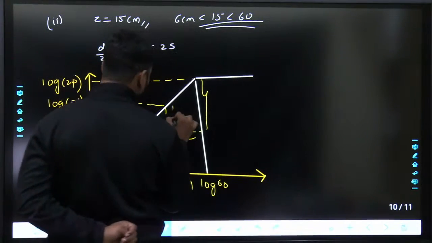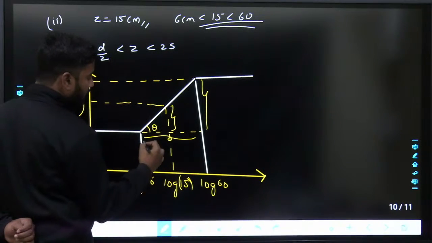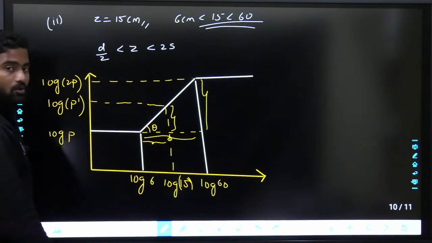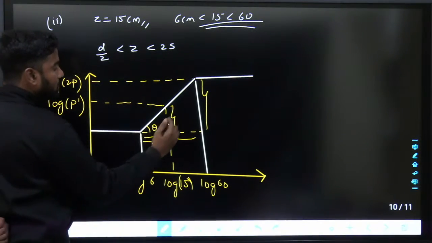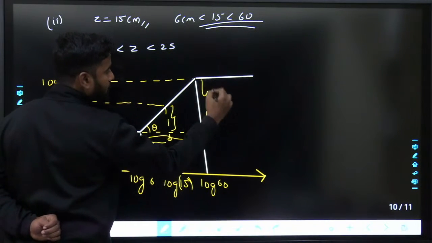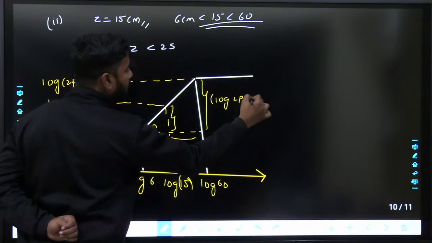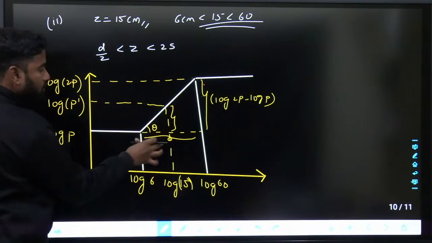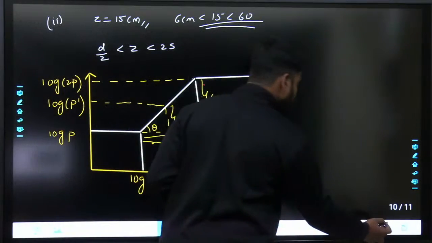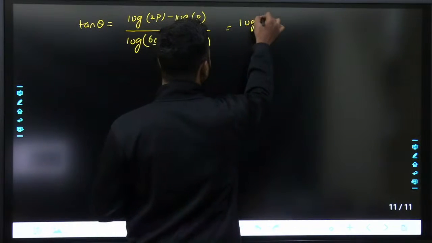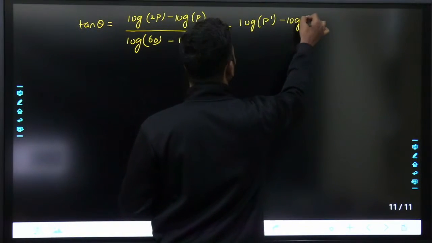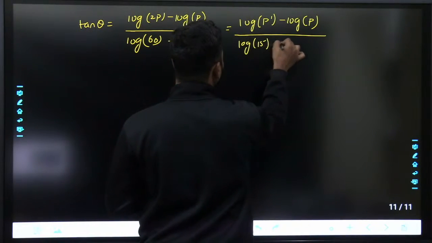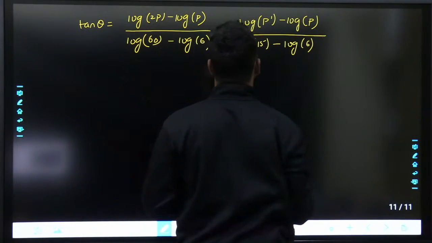What is this value? Log P dash minus log P, and what is this value? Log 15 minus log 6. Both are tan theta only, this upon this is tan theta, and this upon this is tan theta. So this would be log P dash minus log P upon log 15 minus log 6.